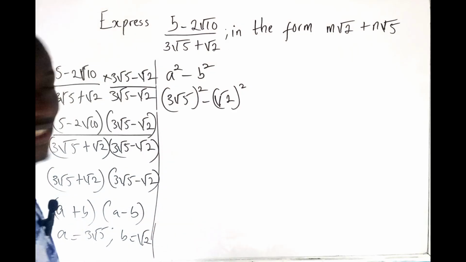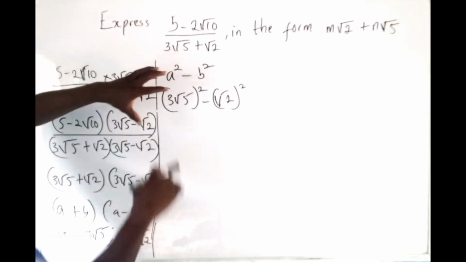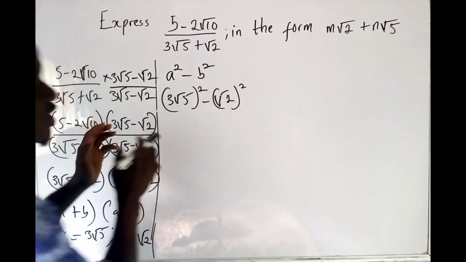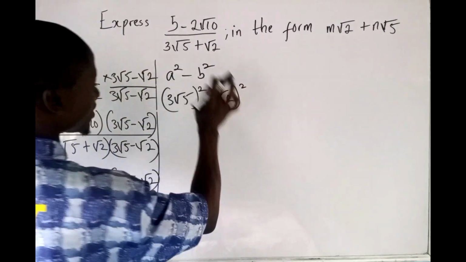Are you together? Now, what do we do next? We observe that this square is covering both the 3 and the root 5, which means that the square is going to affect 3 and root 5. And this square is going to affect only this root 2.